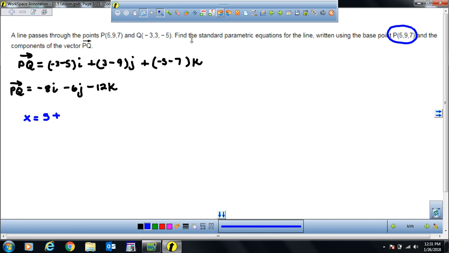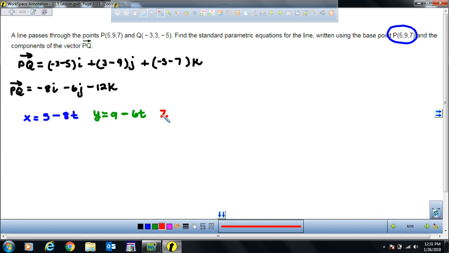So instead of putting plus, I'm going to put -8 times some parameter t. Then we do the same thing for the y value. It starts from y equals 9, that is my starting point, and then it changes by the j component, so it will be changing by -6 times some parameter t.